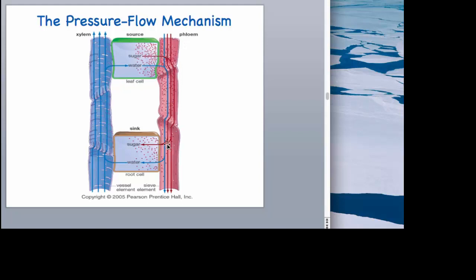Sugar is going to move down the phloem, and eventually what isn't used along the way in the plant will get stored as starch in our root cells. So as the sugar moves into the root cell, water follows. So the phloem is going to move some amount of water. This is not solid sugar pouring down the phloem, right?